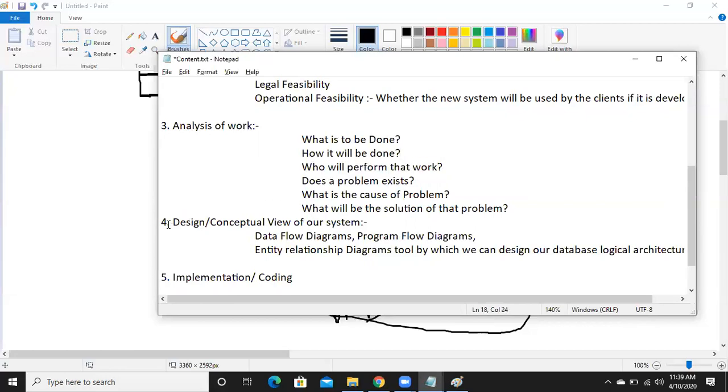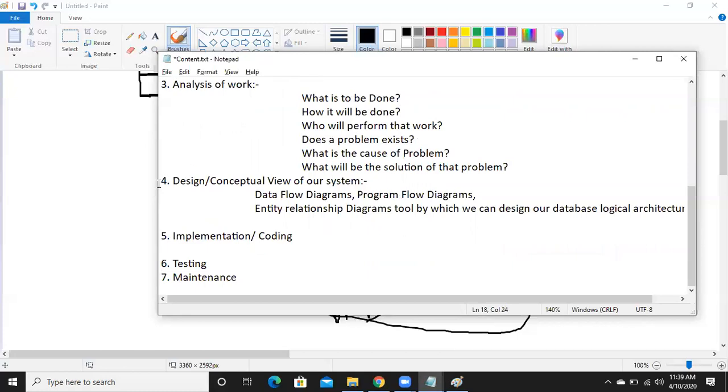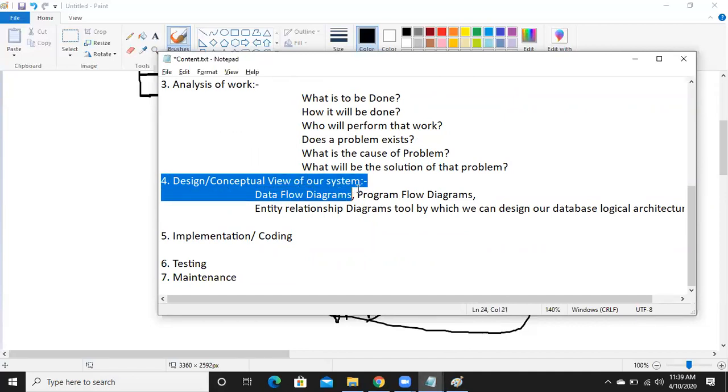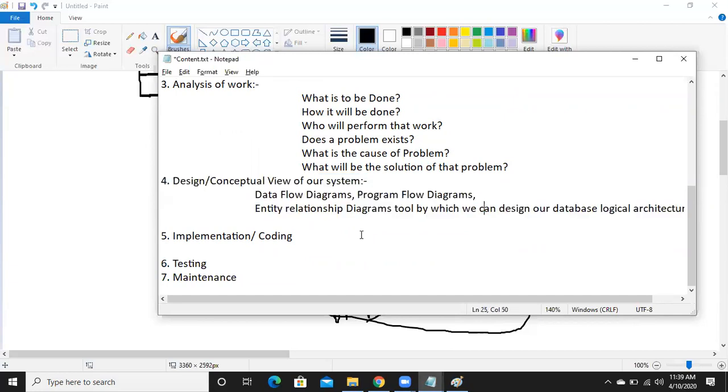Right. So in the fourth step, we design the logical view of our system. These are the tools which we have discussed so far, but not in detail because we have a dedicated chapter on this. Our next step will be the implementation and coding.